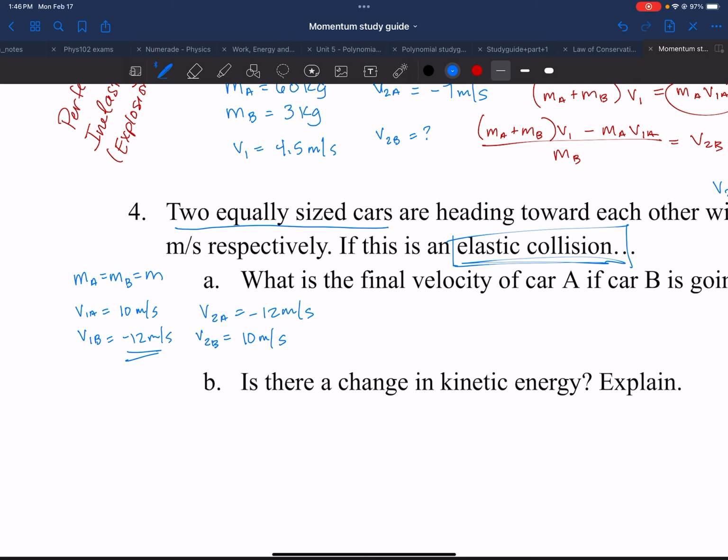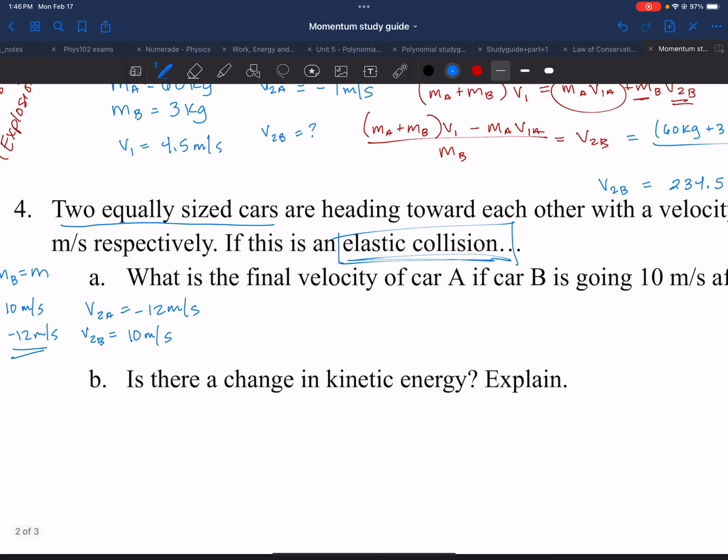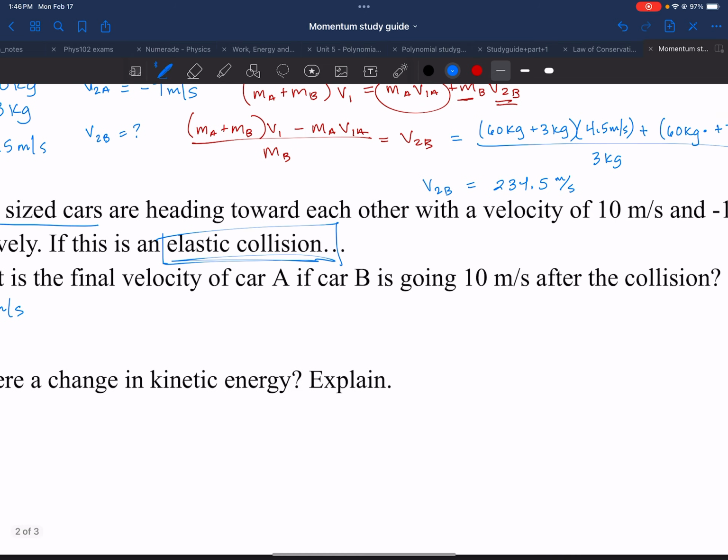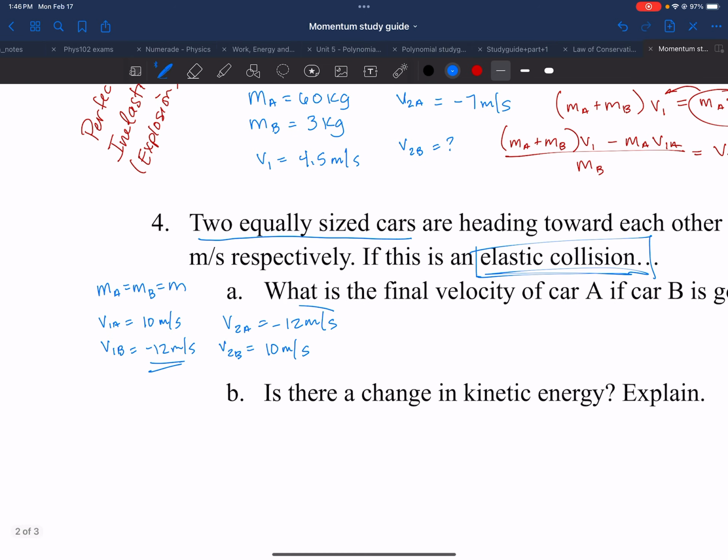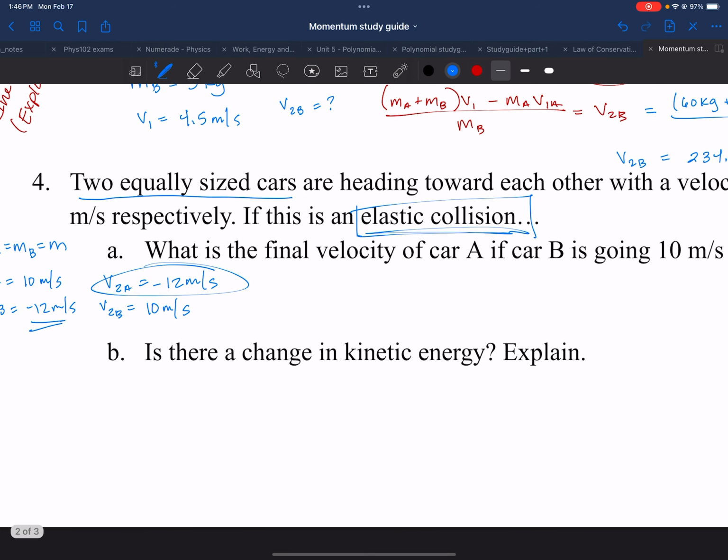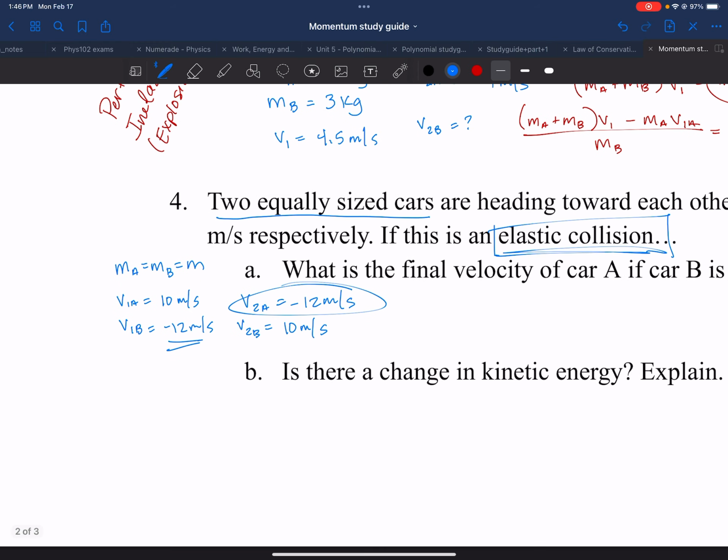Well, there is no such thing as perfectly elastic. It's an elastic collision. What's the final velocity of car A if B is going, we got that. It's this one right here. Is there a change in kinetic energy?